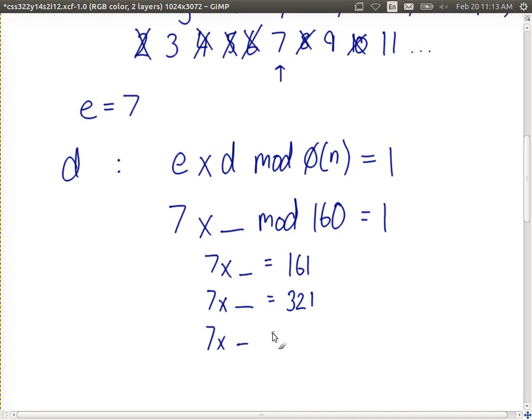We'll try some. Or, for example, 481. Is there an integer that, or can we divide 161 by 7 and get an integer? Yes or no? Check, find the answer.